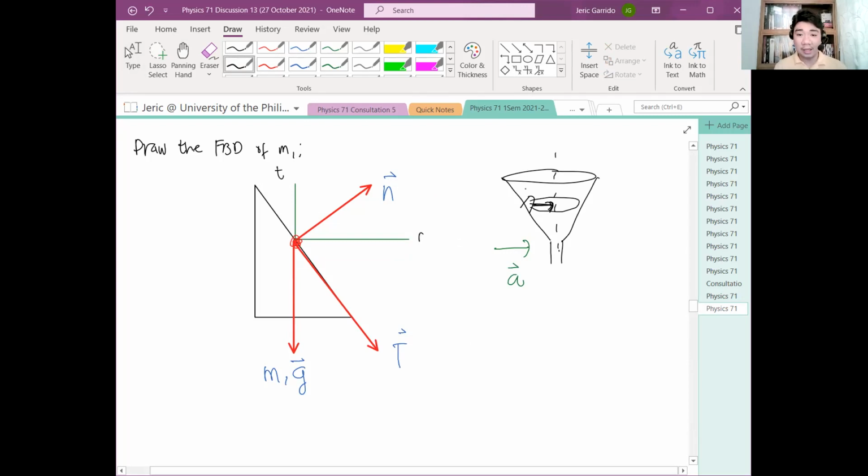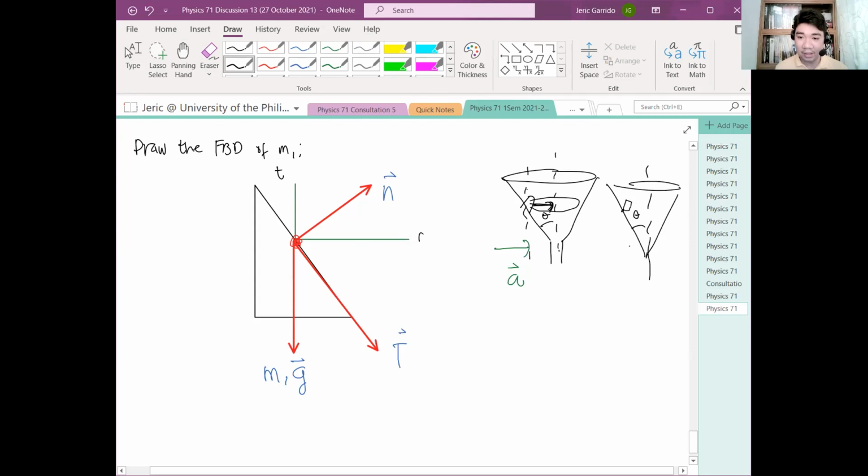Now, we know that the opening angle, or the cone angle, of the cone is some theta. Therefore, if this is theta, this is the funnel, sorry for that, this is the cone. So I have a theta here.